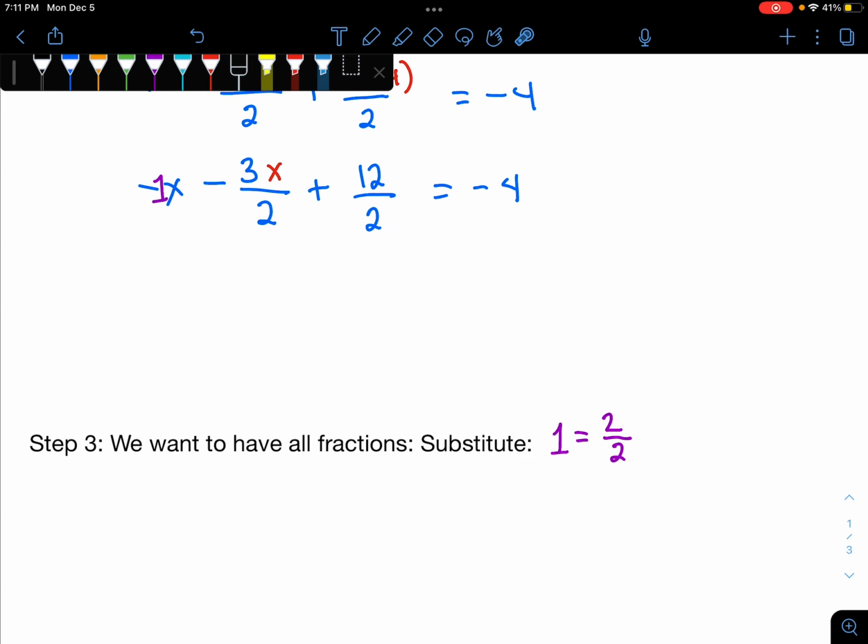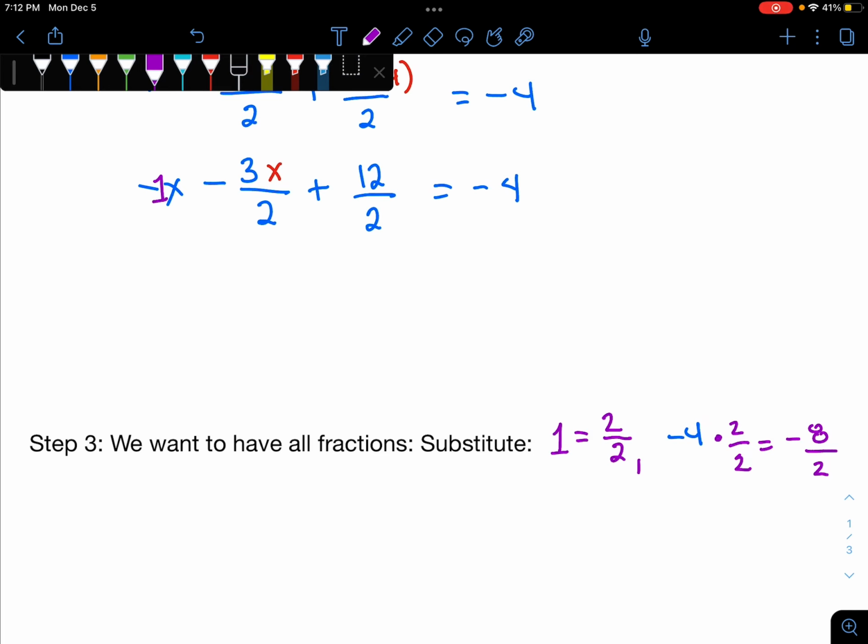Okay, so we also have another whole number, which is negative 4. I want to have negative 4 as a fraction, so I will multiply 2 over 2 to get the same denominator, which is negative 8 over 2.